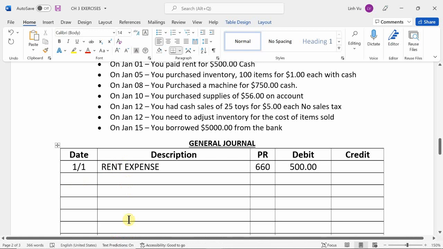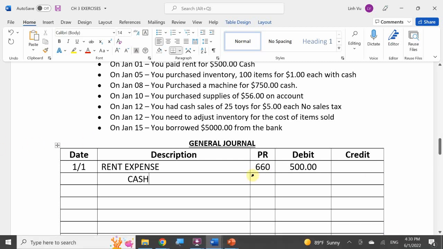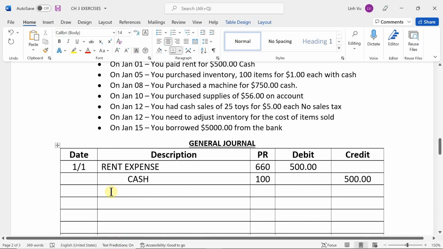Then we indent and write cash. We have the cash account, which is account number 100. And how much money did I spend? We put 500 in credit. Yes, we spent $500. Now, it's optional.